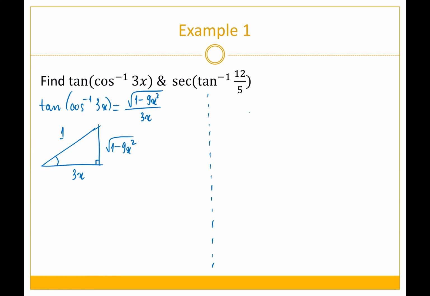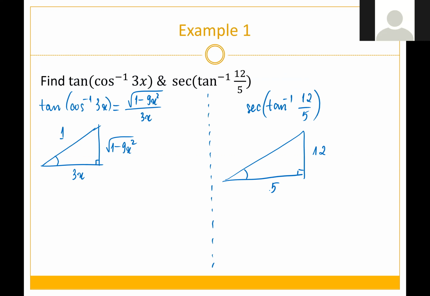Now, similarly, we're asked to find secant of inverse tangent 12 over 5. So, again, a right triangle. Tangent of that is 12 over 5. I don't really care about the ratio here, just that the tangent is 12 over 5. So say the hypotenuse is going to be 13 by the Pythagorean theorem.